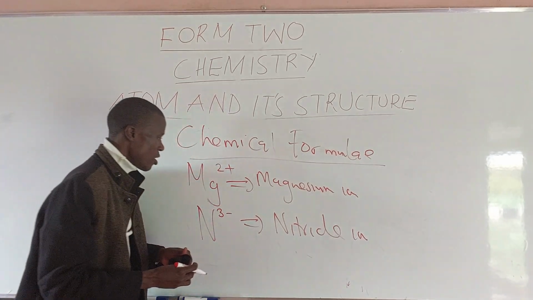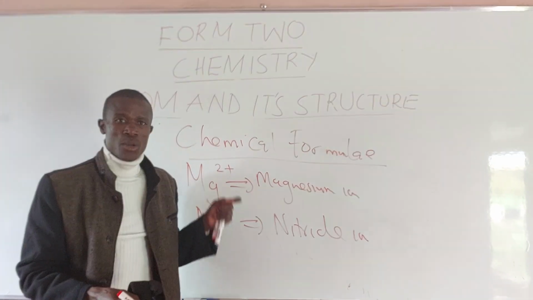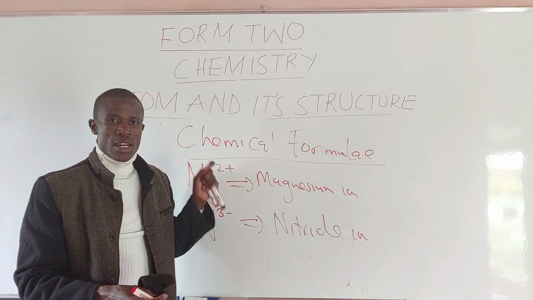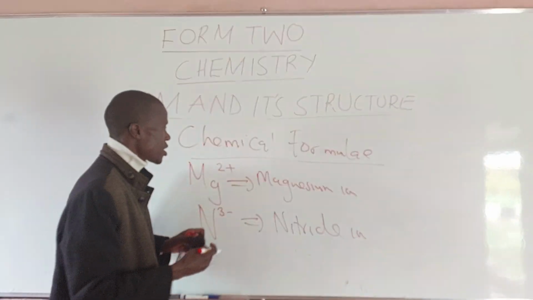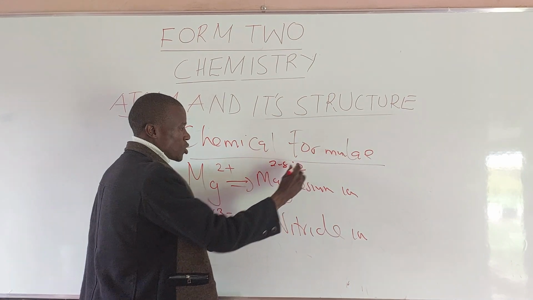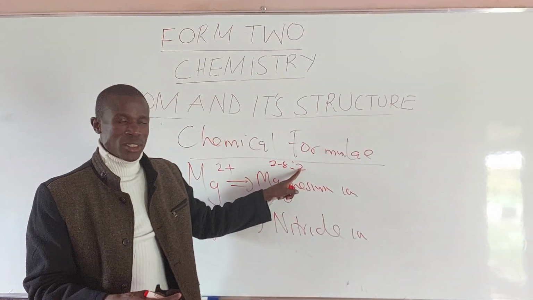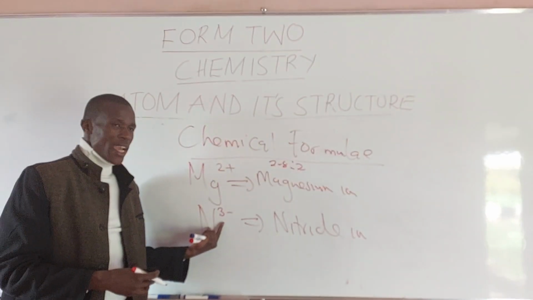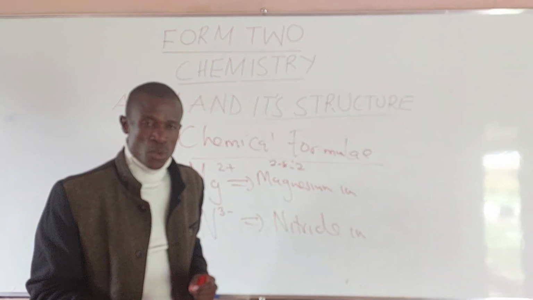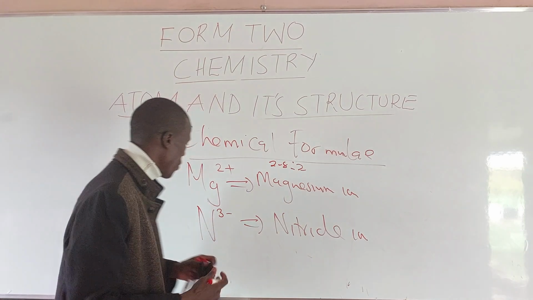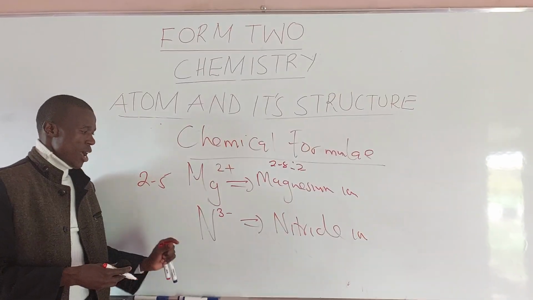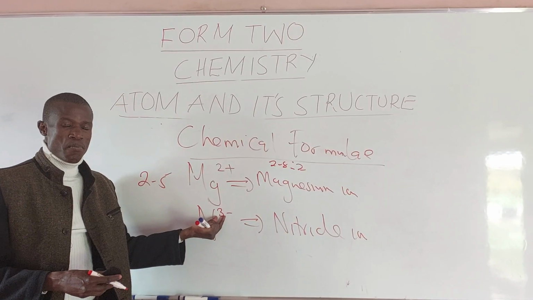I said before that metals form ion by losing the outermost electrons, and therefore magnesium having atomic number of 12 with configuration of 2:8:2 will lose 2 outermost electrons to form magnesium ions. Nitrogen is atomic number 7 with configuration of 2:5, and therefore it will form a stable ion by gaining 3 electrons, and that is why I'm writing 3 minus here.